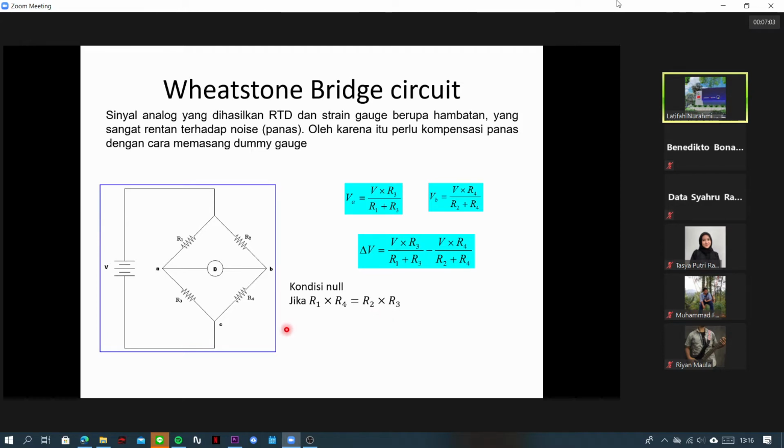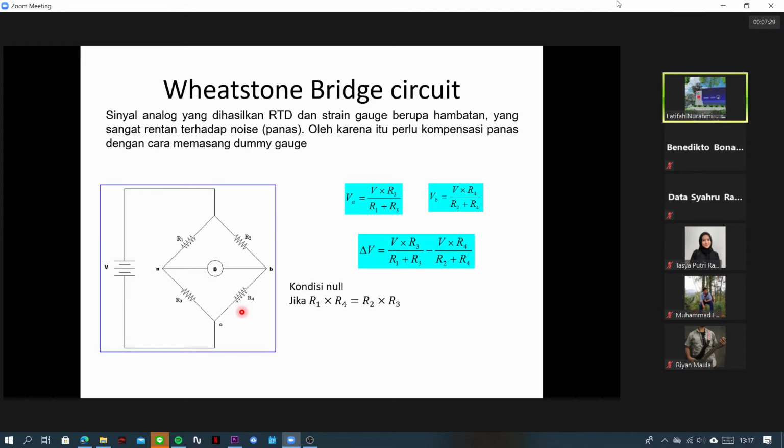So in the balanced condition, let's say I know the values of R1, R4, R3, and I find the value of R2. But in most cases for an RTD, remember R1, R3, and R2 are known, and our task is finding, for example, R4.